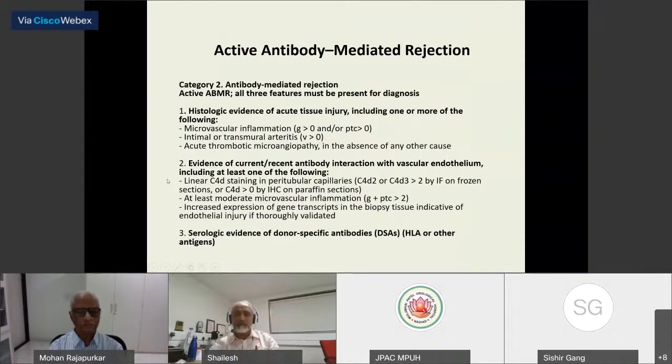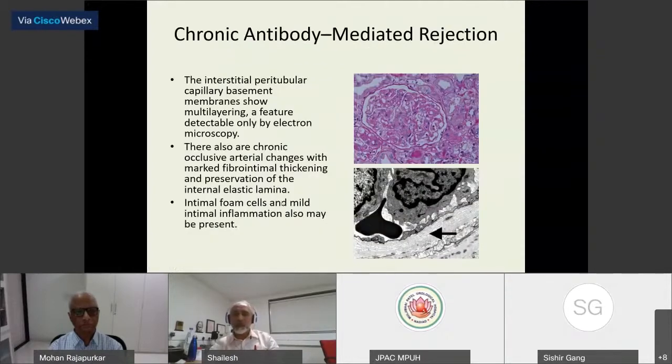Then there is evidence of current antibody interaction with vascular endothelium in the form of C4d staining, or at least microvascular inflammation like glomerulitis plus peritubular capillaritis with a score of more than 2, or increased gene transcripts in biopsy tissue. And there is positivity of donor-specific antibody, and all three things are required to call it active antibody-mediated rejection.